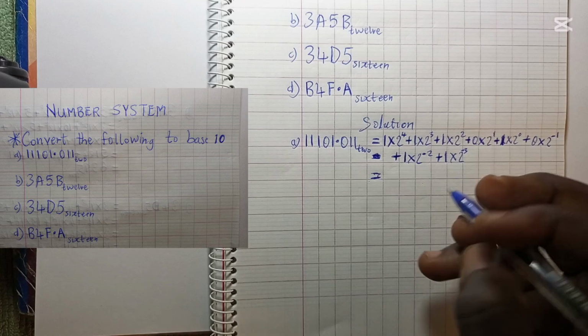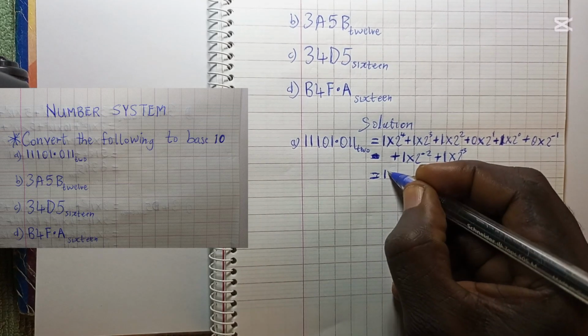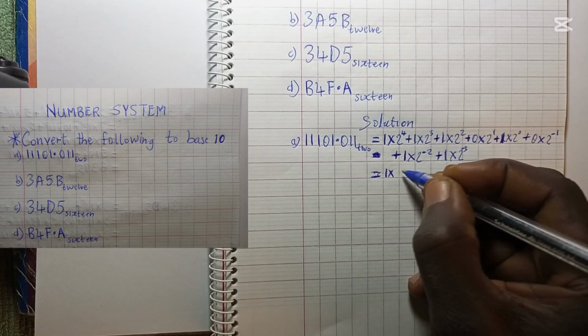This times this is 1 times 2 raised to power 4, that is 16.